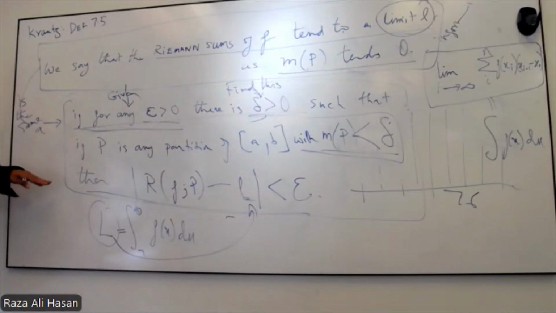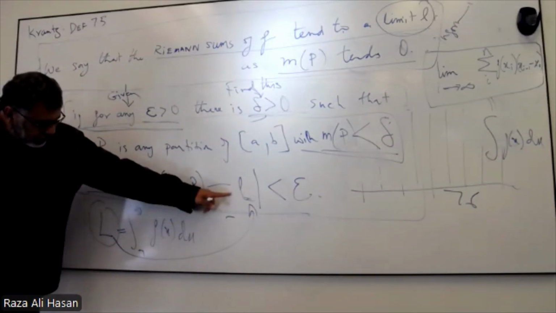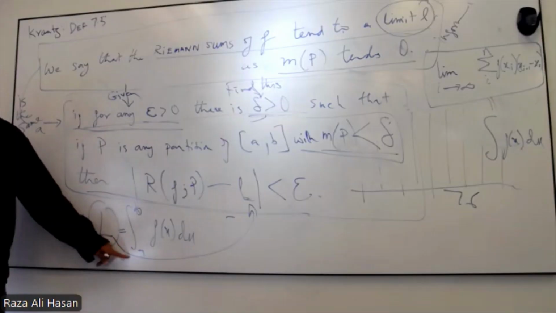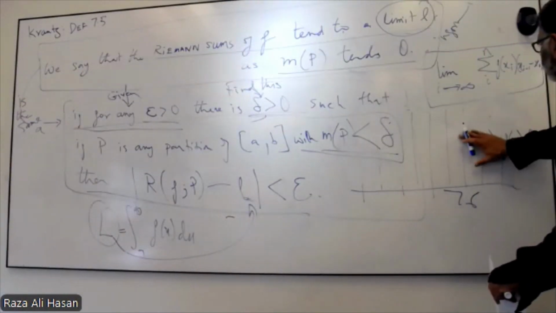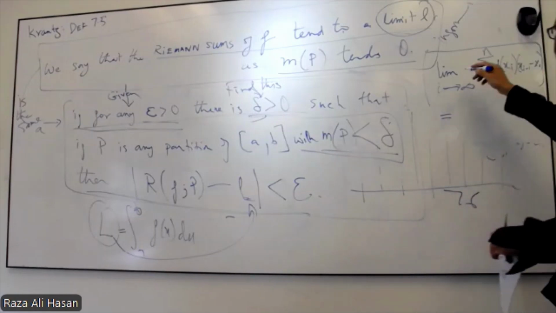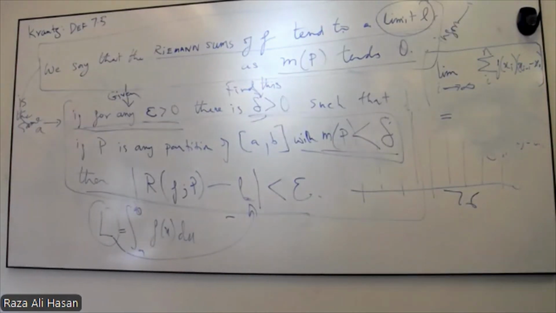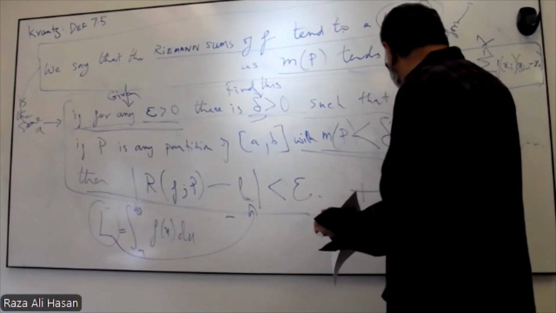If these conditions are true, then we usually say L equals this thing, because if you take the limit of this thing, what's the other way to write this? You've got this giant box here.